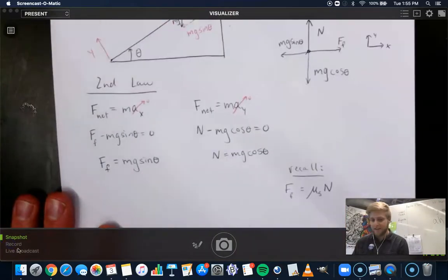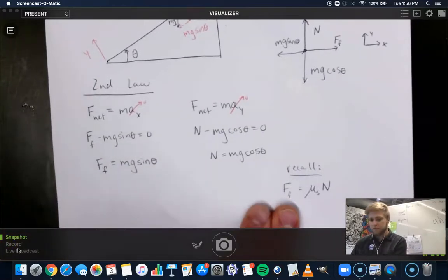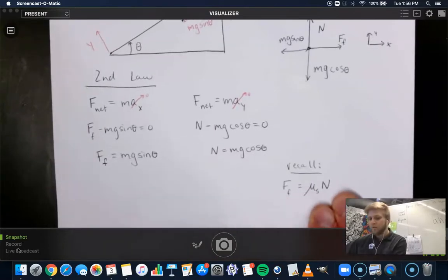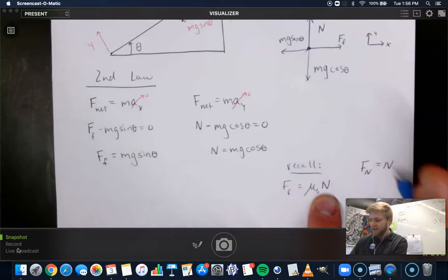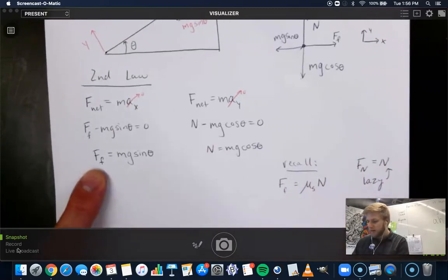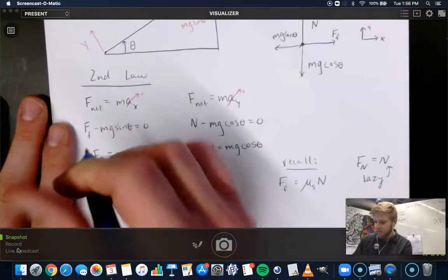Now recall from our last set of notes that the frictional force, this is on your AP equation sheet, is equal to the coefficient of static friction times the normal force. You might have seen me write it like this: Fn is just equal to n. Those are the same thing. I'm just being lazy with my notation. So where we see frictional force, instead of writing that, we can write mu s times n. So I'm just going to substitute that in.